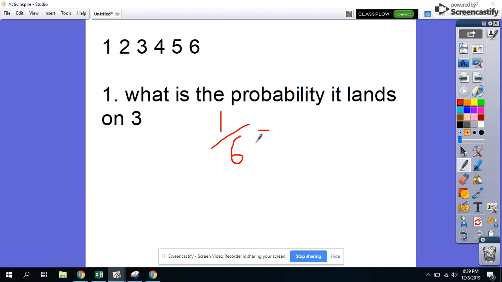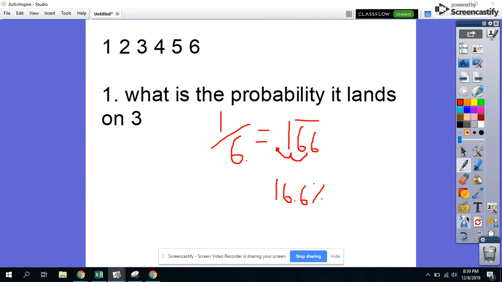So, in order to change it to a decimal in your calculator, you just do 1 divided by 6, enter, and you get 0.166, whatever, it just keeps going. So this is it as a decimal. To change it to a percent, you move the decimal 2 over. So this becomes 16.6%.